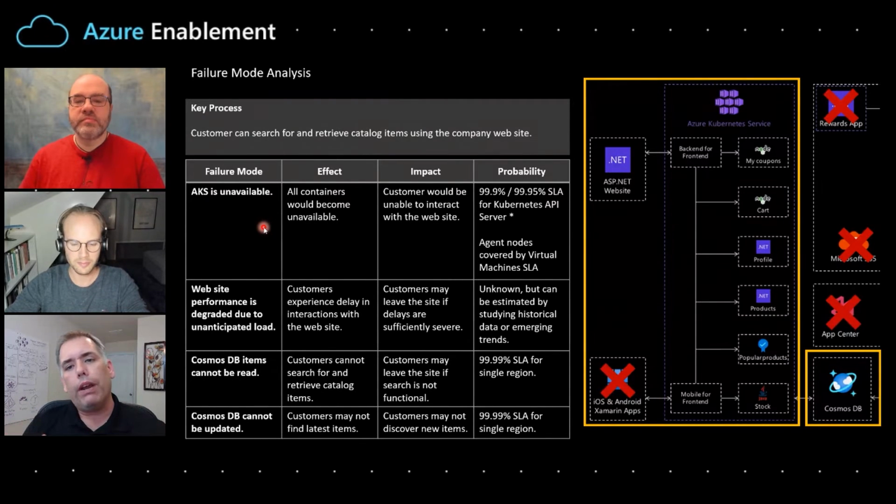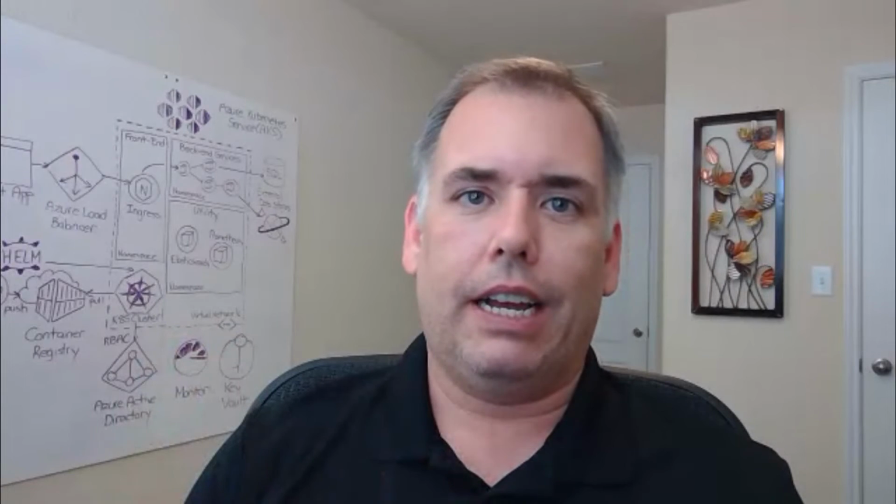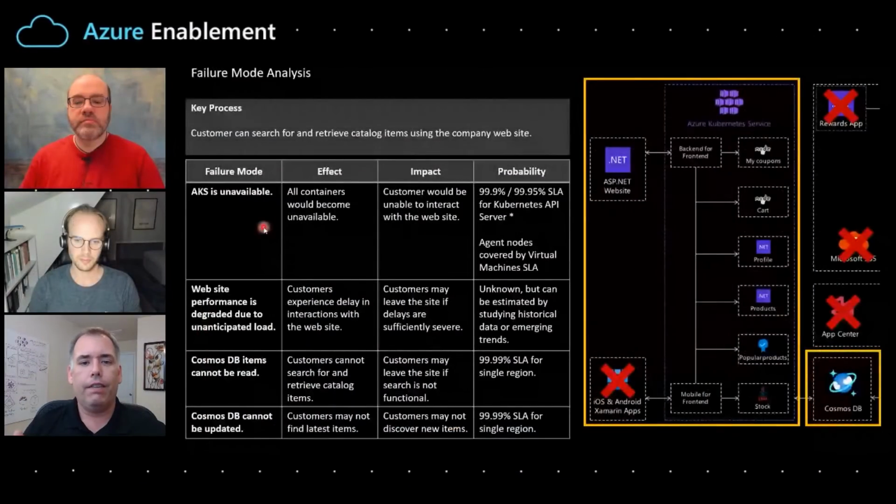But when we are considering Azure services that you're using, Microsoft does provide some insight, especially around availability, in the form of SLAs that basically reflect what they expect the service is going to be able to meet from an availability perspective. So for AKS, there are a couple of things at play.